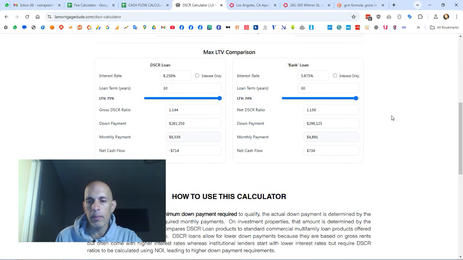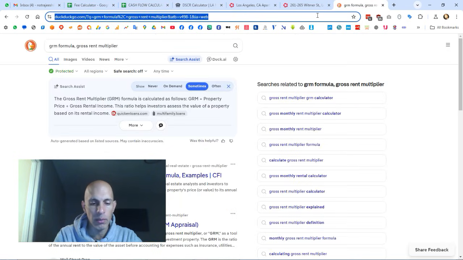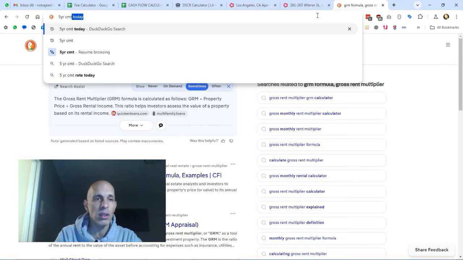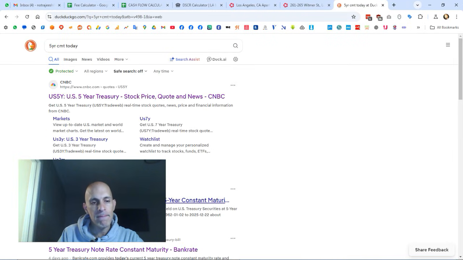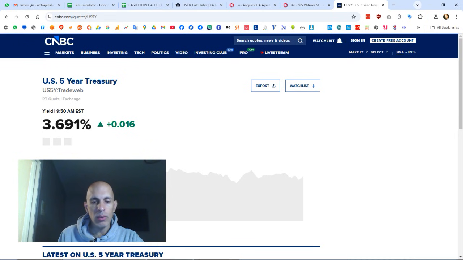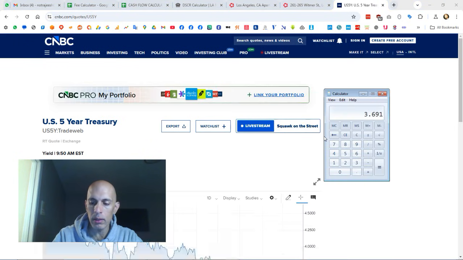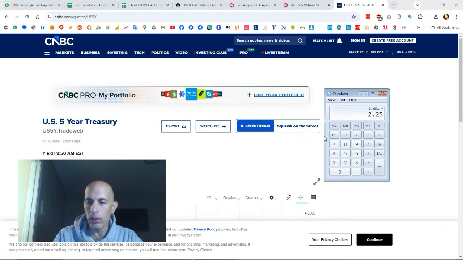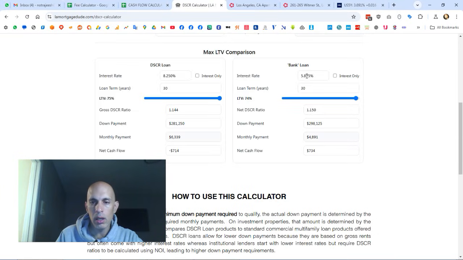We would need 1.115 there, and now we can do a 26% down, not quite 25% down, but 26% down. Let's see what the 5-year CMT is today. $3.691 plus 2.25, 5.94. $1.15.